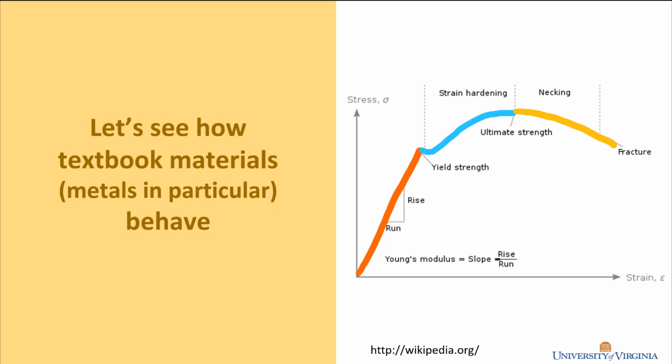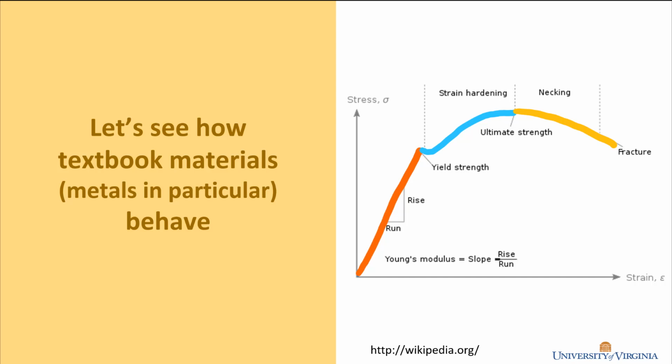So thinking about this linear region back to the left, if we're talking about snap fits, that's the area we're talking about because we want this thing to bend and then bend back to its original shape, or flex and flex back to its original shape. One thing that you'll notice here by saying it's linear is that for every unit of strain that you put on it, the stress increases by the same amount.